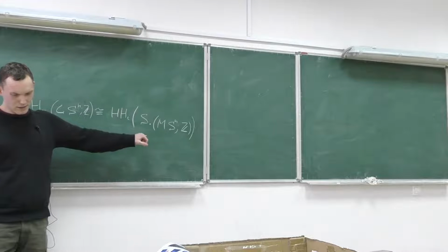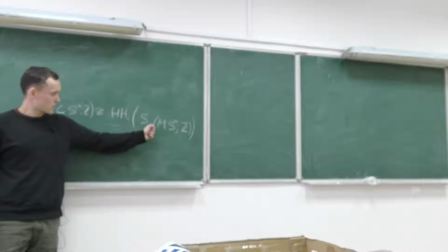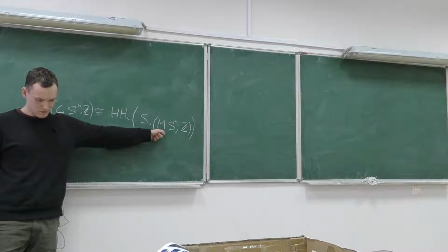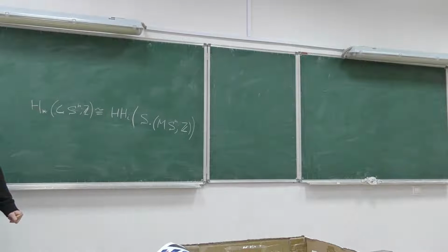Well, I won't go into details now, but in general, the answer is something like this. I want to compute homology of a free-loop space. And this theorem of Goodwillie-Jones, which we'll see eventually, says that it's the same as Hochschild homology of some DG algebra. It's going to be the DG algebra of chains on some topological group.